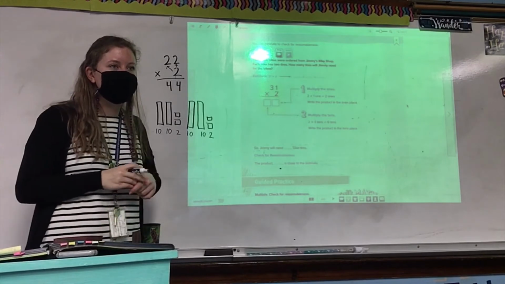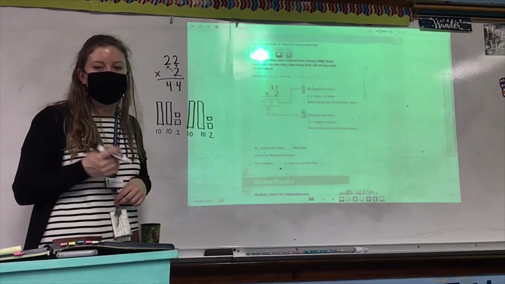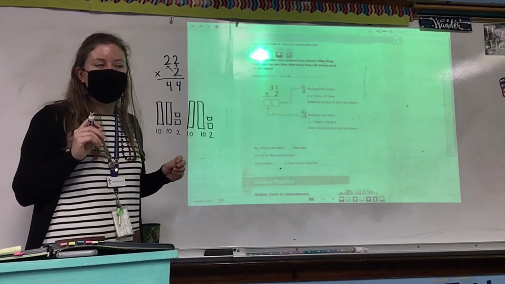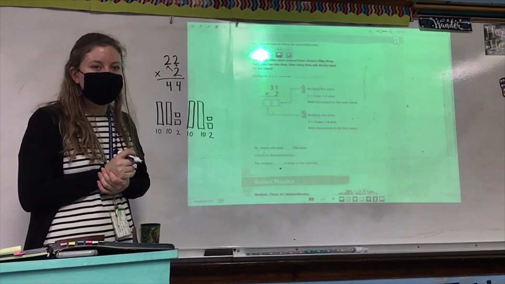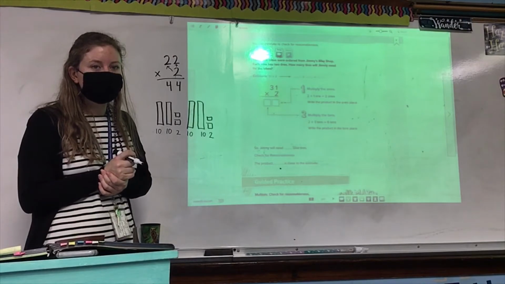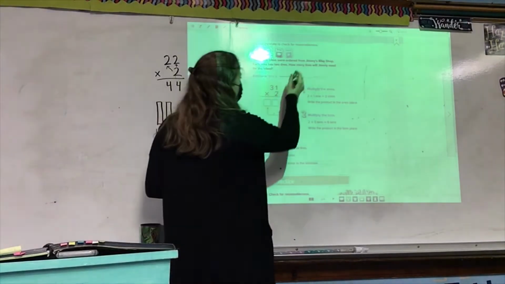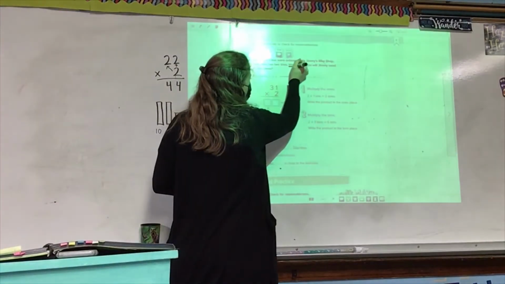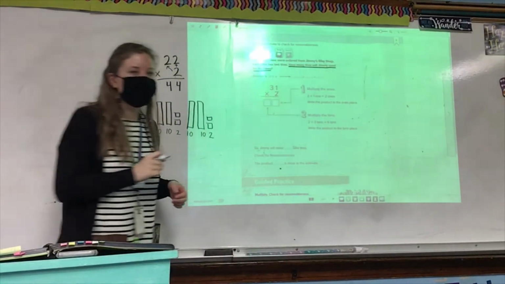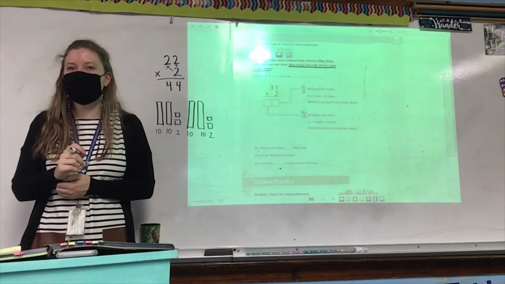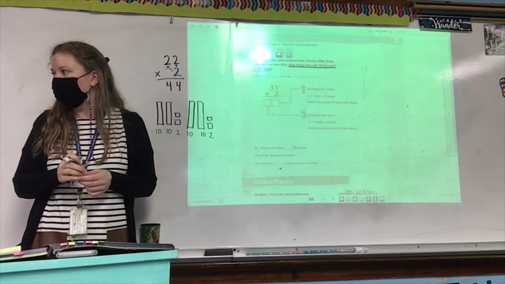Well, what is the first step when we're trying to figure out what a word problem is telling us to do? Colin. Find the question. We find the question and we do what with it? Underline. We're going to underline the question. Next step. What do we need to do next? Aaron.